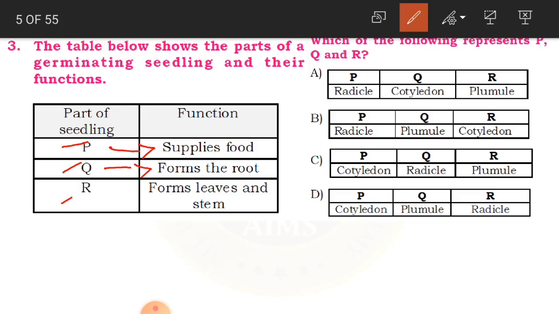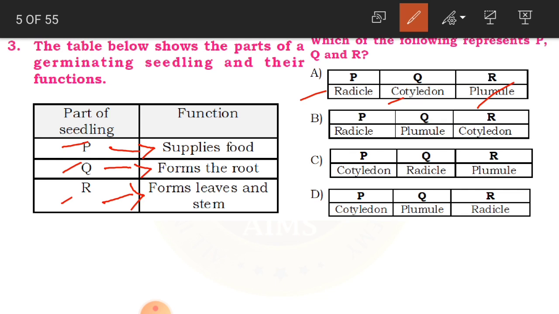Q, it forms the roots. R, it forms leaves and stems. Now here in our question, which of the following represents P, Q and R? So we are having radicle, cotyledon and plumule. Now from these, which is representing P, Q and R? That is our answer. Okay, so what is it children?